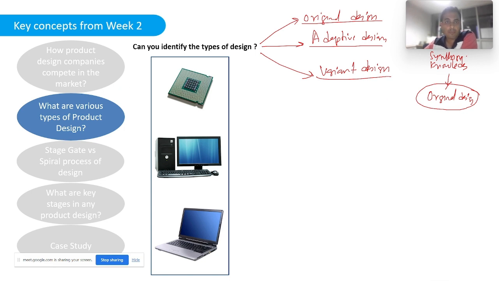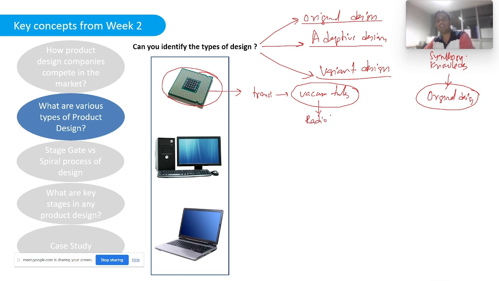An example can be a processor. Why is it new knowledge? Prior to this product, what we had was transistors. Before that, we used to have vacuum tubes, which were developed earlier and used to operate radios. Inside the old Murphy radios, you used to have vacuum tubes.